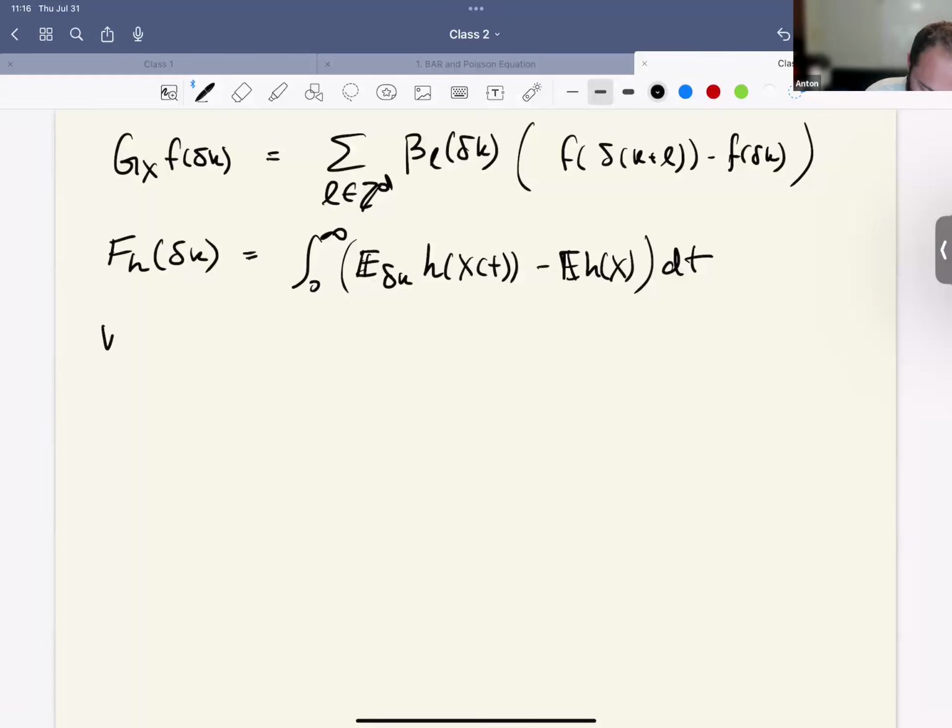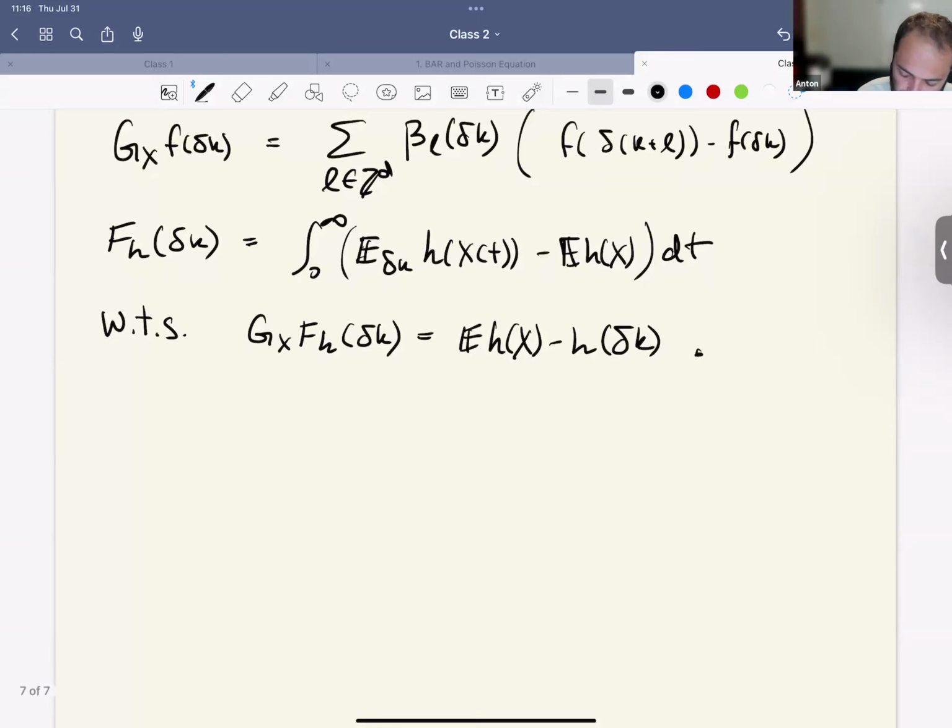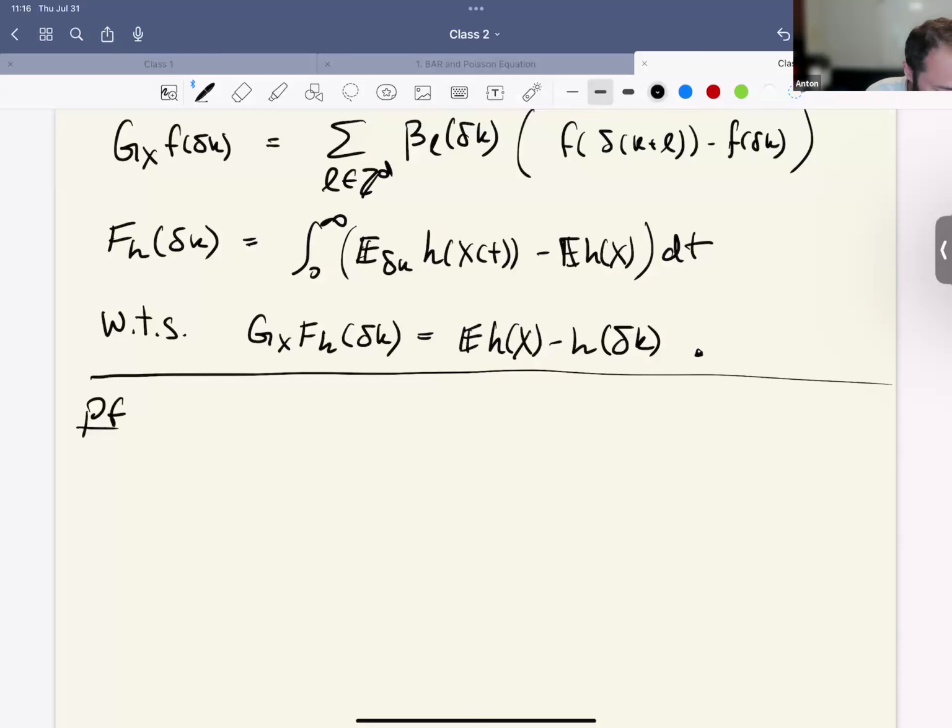And we want to show this. This is succinct. I'm going to show you two arguments, and it's useful to see both. Proof number one: let tau be the first jump time.